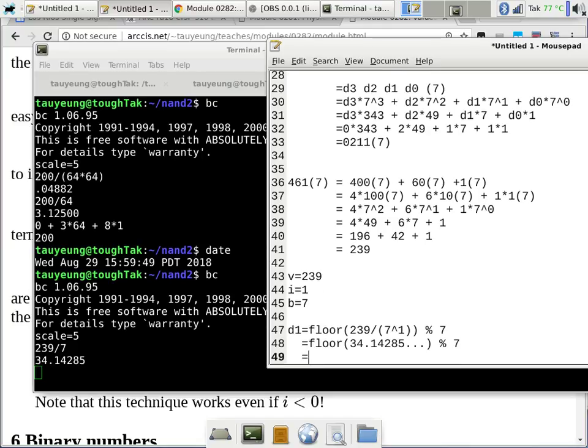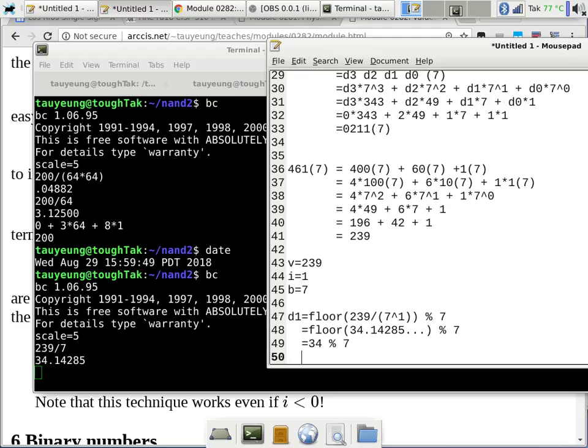All right, so what is the floor of 34 point blah, blah, blah? What is the largest integer that is still less than or equal to 34.14285, blah, blah, blah? 34. Okay, so the floor of this is just 34. So we are looking at 34 mod 7.